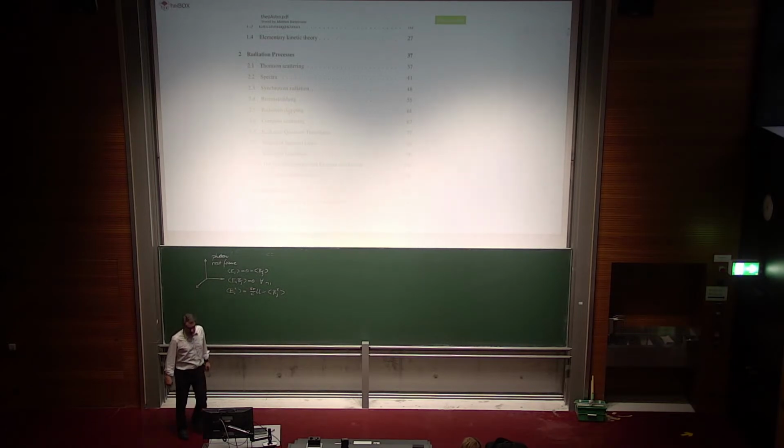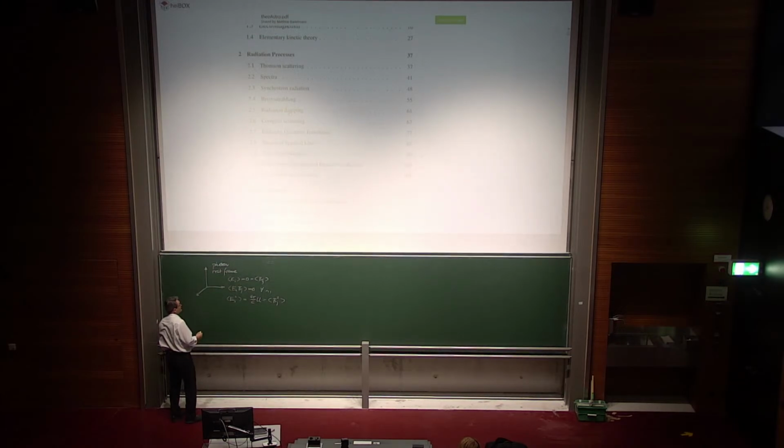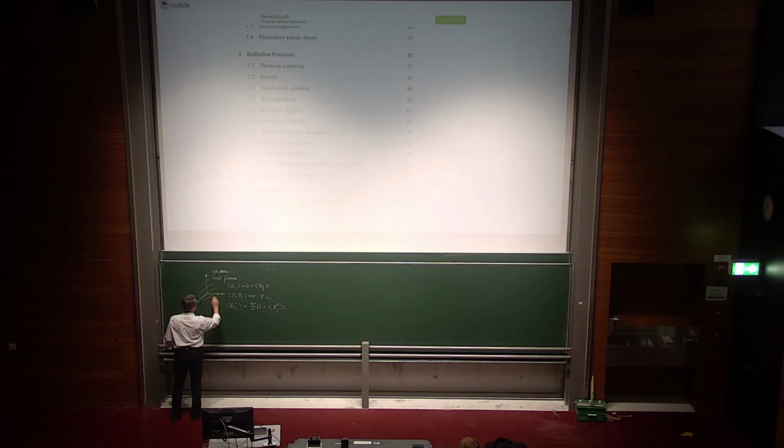But now we shoot this electron into this distribution of photons. If we agree on electrons being red, then maybe we can agree on photons being yellow. So here are the photons. And now I want to shoot an electron into that.